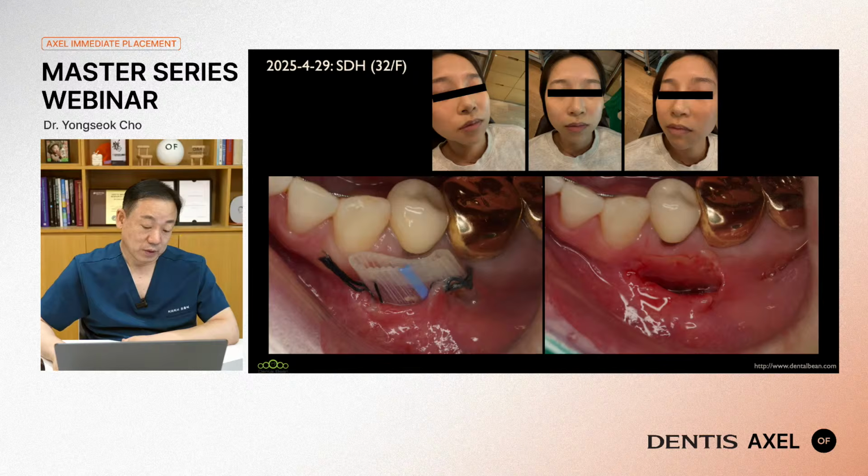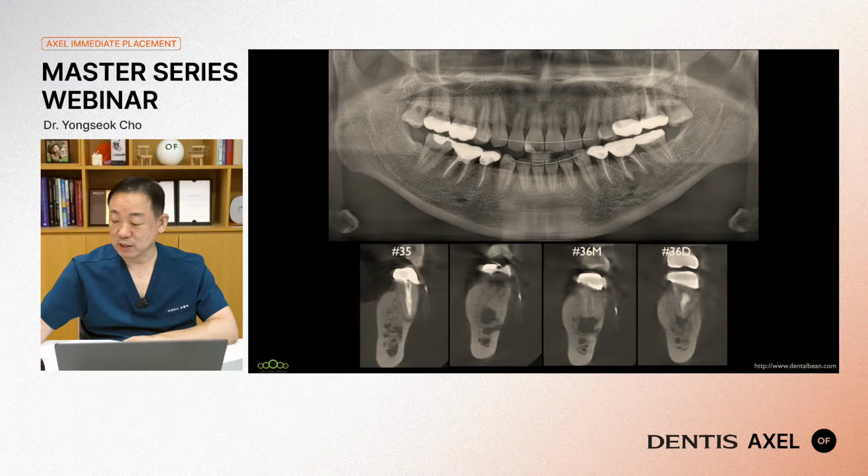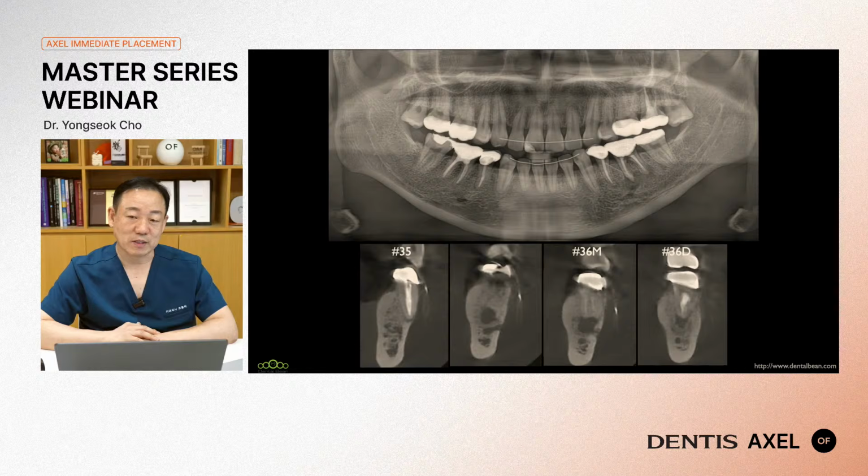So she received incision and drainage at the university because of a buccal abscess. In the panoramic image, we can see an endodontically treated left first molar, and near the medial root there is an apical lesion which spread widely, and it made a fistula toward the buccal side.